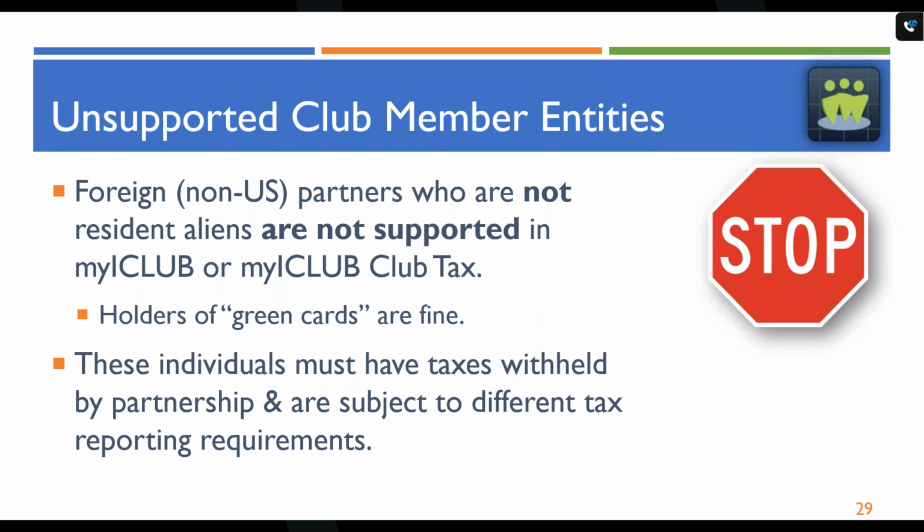So US citizens and green card holders, resident aliens, we support those. If you have a partner who resides in a foreign country and they are a foreign citizen, you have to withhold taxes. We don't support the withholding forms for foreign partners. So be careful about that.